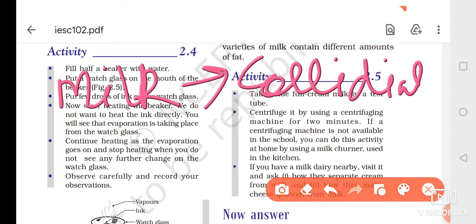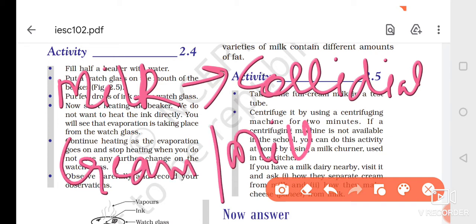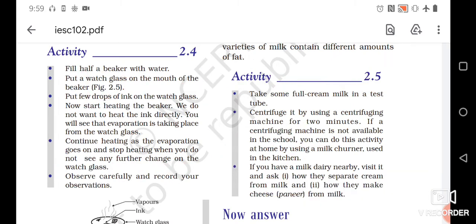I want to separate cream from the milk. It is difficult to separate the cream from the milk by using a filtration technique. So we use a special technique to separate the cream or butter from the milk with the help of centrifugation.